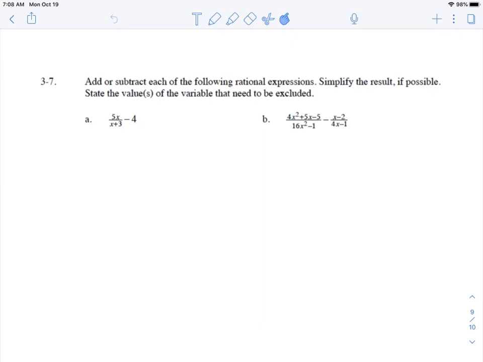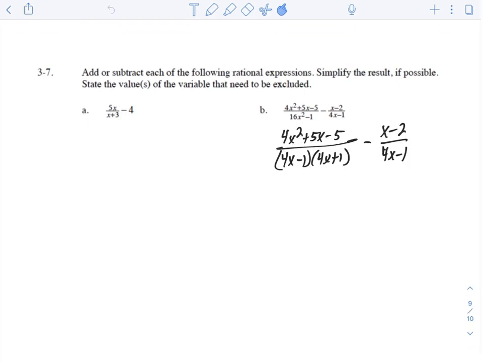So I'm going to do one of these and have you do one. I'm going to start by doing the second one. I'm going to pause this and do all the factoring, and then it'll just pop up on your screen. Okay, welcome back. The numerator in part B is not factorable.